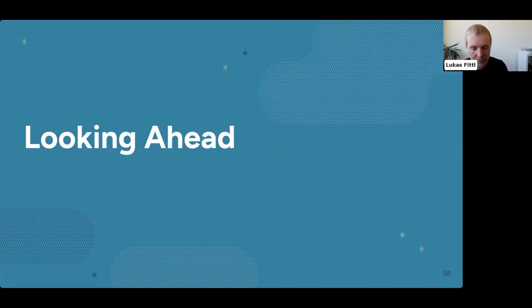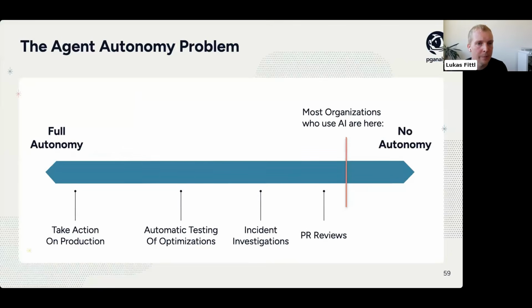Just to give you context on where we see this going in terms of both the broader Postgres database ecosystem and also pganalyze a little bit. This is a diagram I used earlier in the year in a different presentation on the MCP server, but I think it very much still holds true. Most organizations are not big on the autonomy scale yet. On the left here, we have full autonomy, with AI taking action on production.